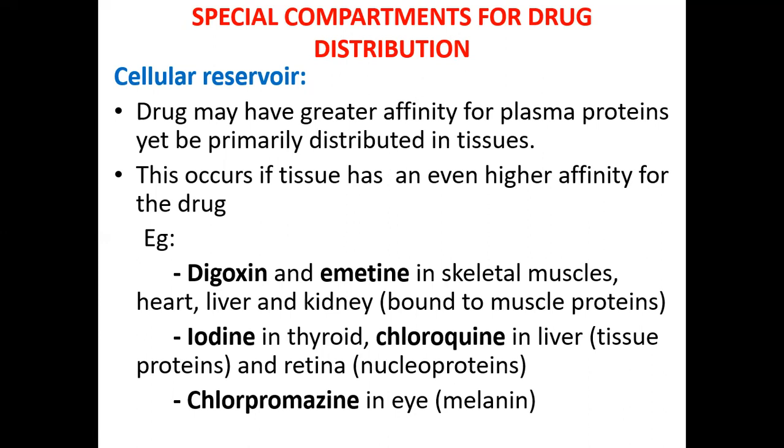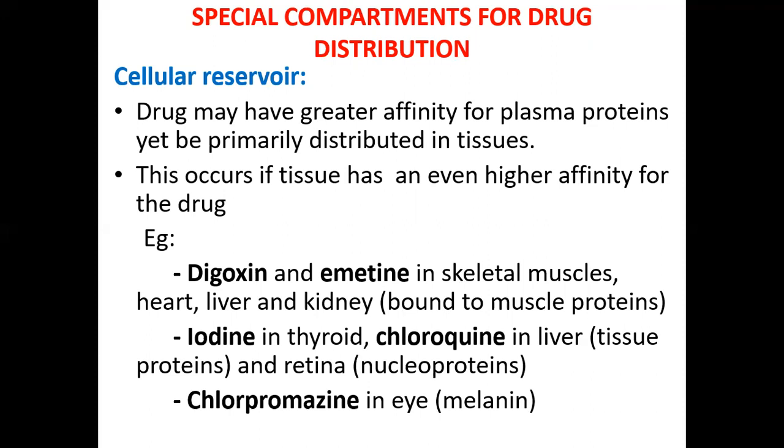For example, digoxin is found in skeletal muscles, heart, liver, and kidney, mainly bound to muscle proteins. Iodine is found in the thyroid, and chloroquine in the liver and retina.